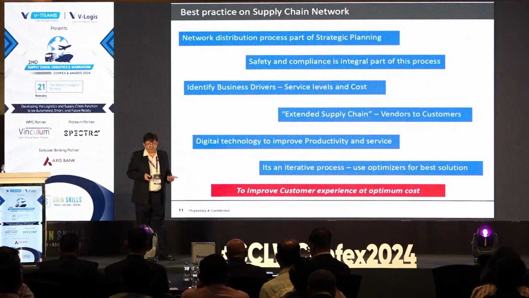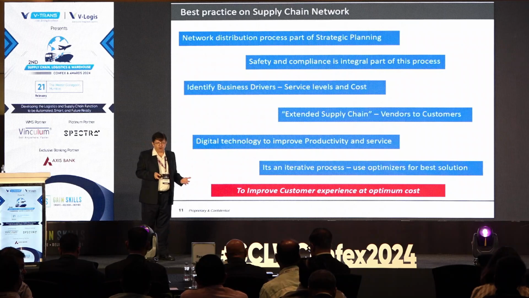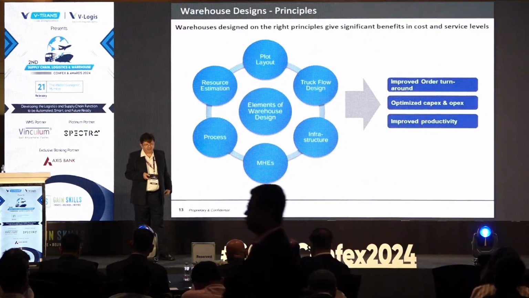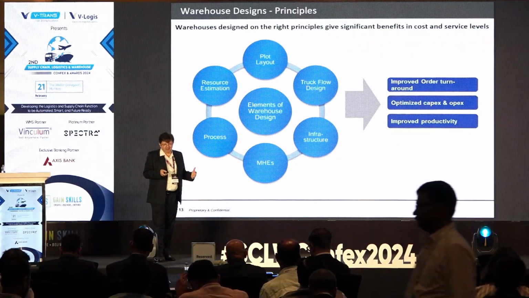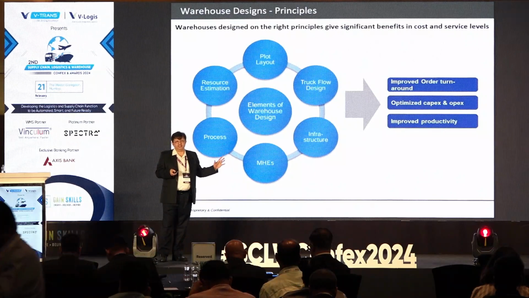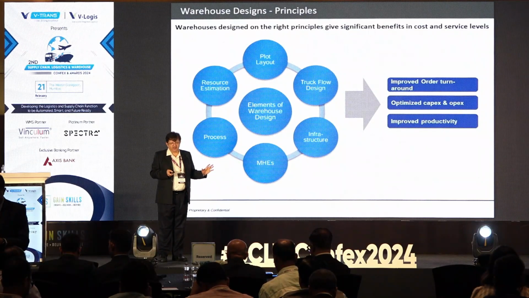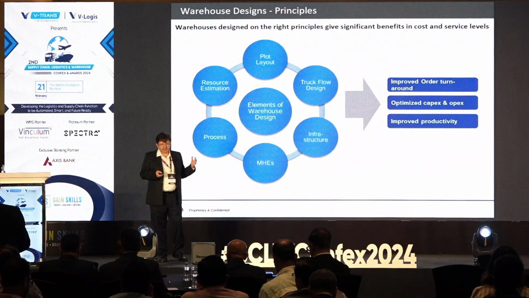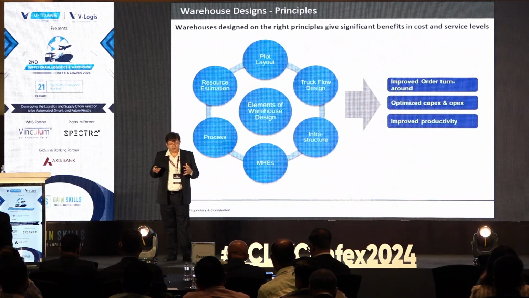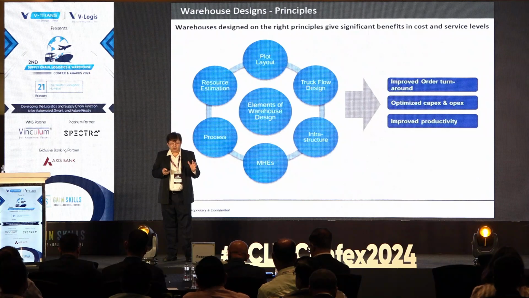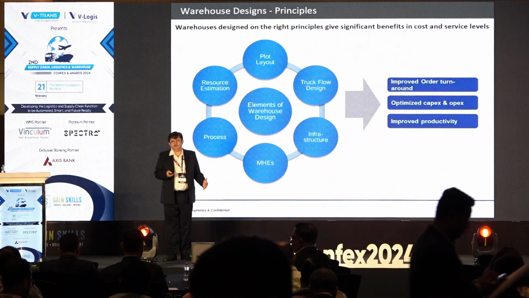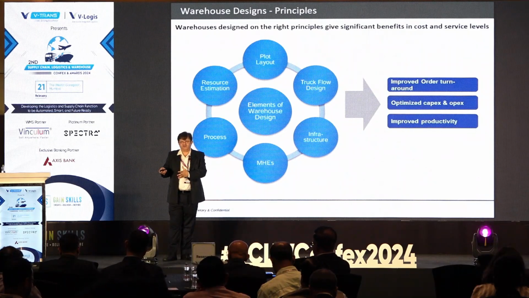I'm skipping this slide because we have already spoken about network and I want to spend more time on the automation side. Just for your information, if you want to take a note, it talks about layouting, the design, infrastructure, the MHEs, the process, and all of that, to determine what I need to put as input variables before I finalize the design.